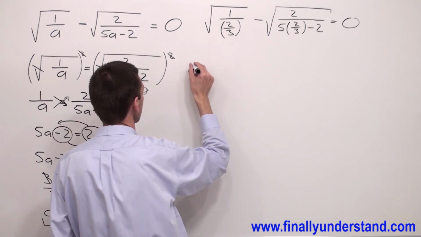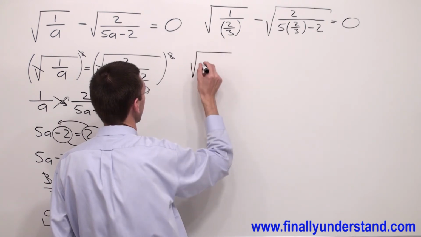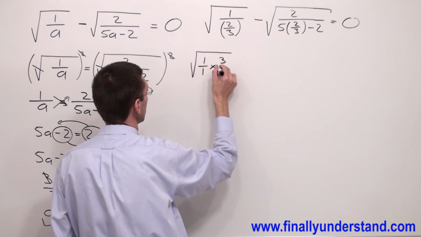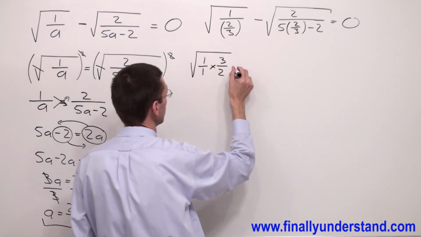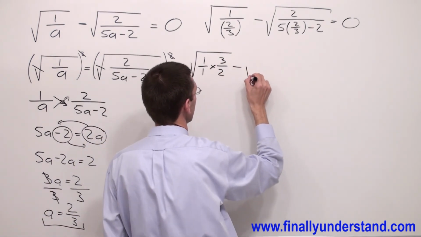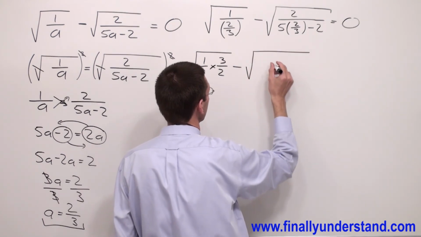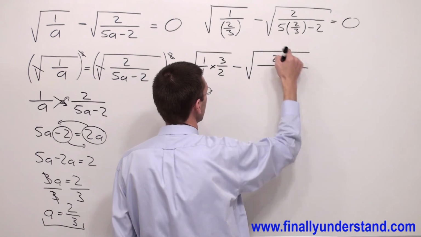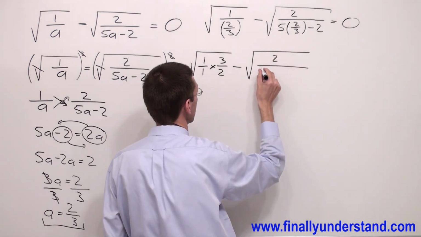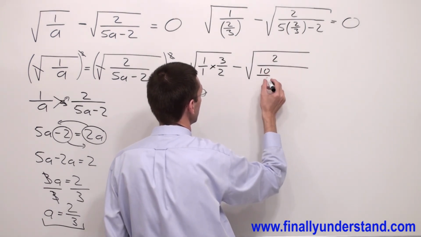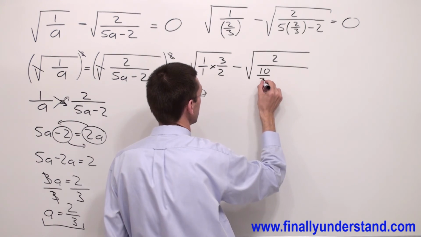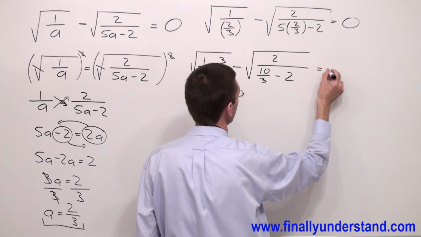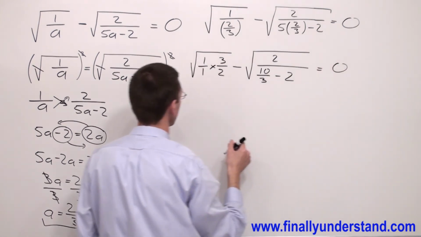So in other words, I can rewrite this problem as 1 divided by 1 times 3 over 2 minus square root 2 over 5 times 2 is equal 10 over 3 minus 2 has to be equal 0.